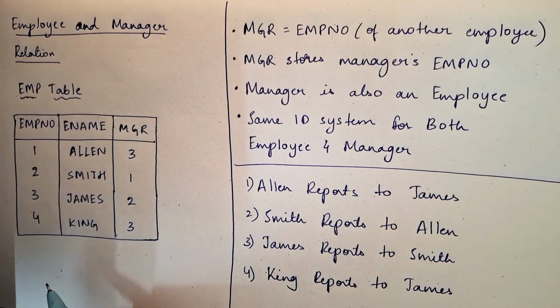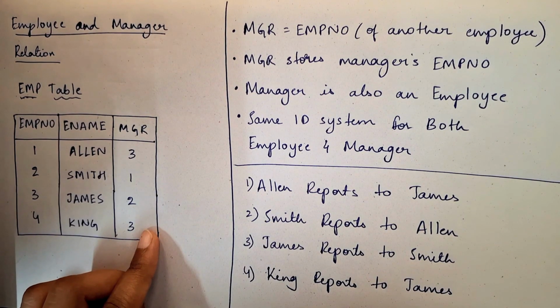Let me explain this with a real example. In a company, every employee is given a unique ID, right? Now, managers are also employees of the same company. So even managers will have their own employee IDs. So what happens is, instead of storing the manager's name, we store manager's employee ID.